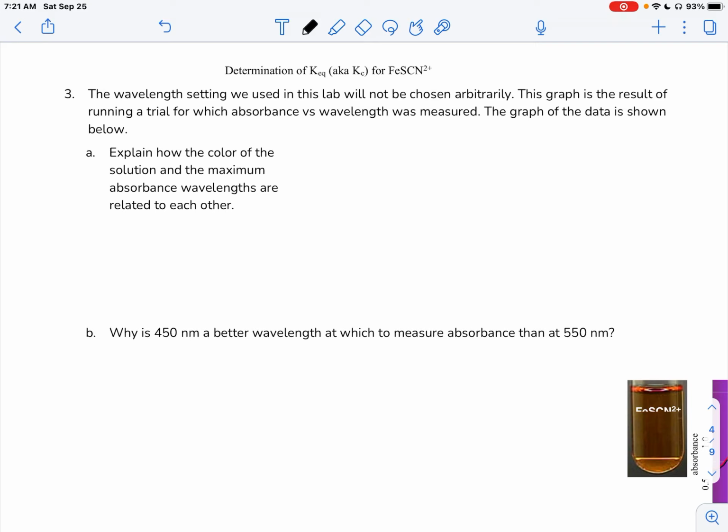So that's why we set it for 450. Okay, so that explains A and B. 550 is getting us over into that green, and that's not opposite the color that we want. That's opposite a purplish red, and we're not going to be there. We're going to be at an orangey red. So that takes care of both A and B for the pre-lab.